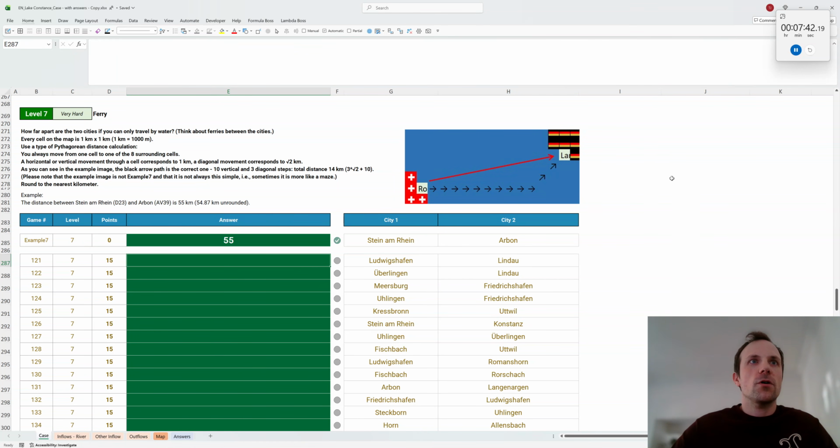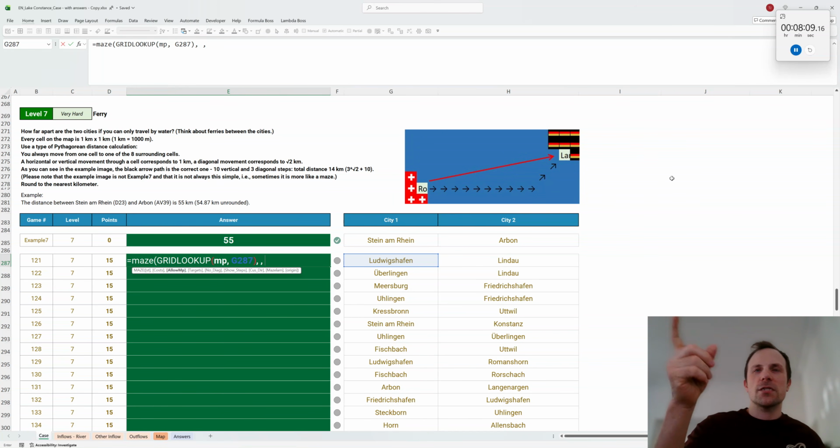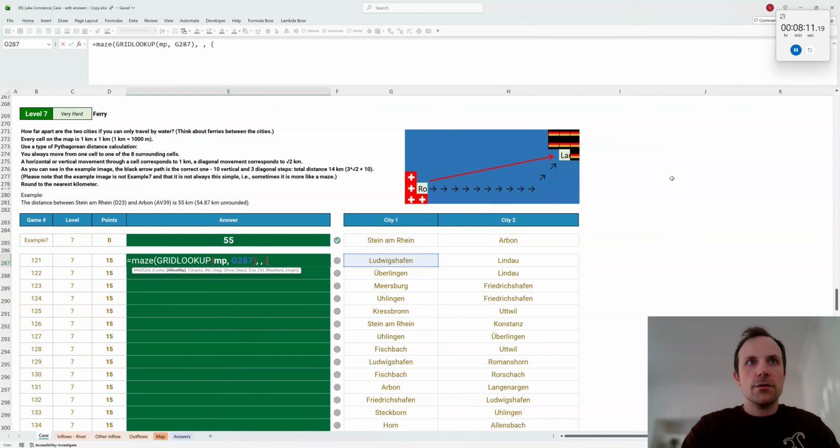And lastly, this is like you either have a maze lambda or you don't have a maze lambda, which is an adaptation of Hayden's one. Shout out to Hayden. So it's a maze of the start is the grid lookup from my map of this first city. And then our allow map is, this is where we're allowed to go. So we're only allowed to travel on the lake, but we also need to include the cities because that's where we're going to.